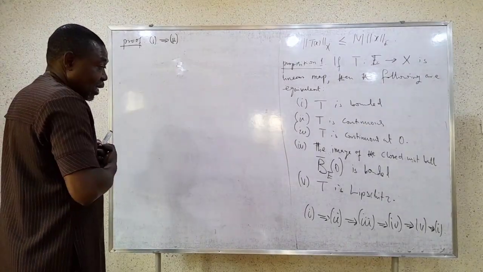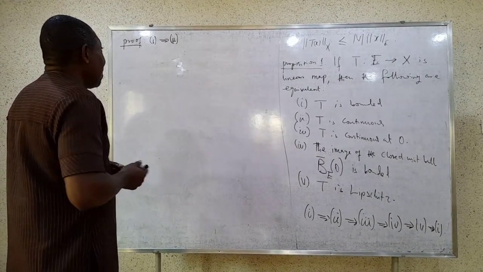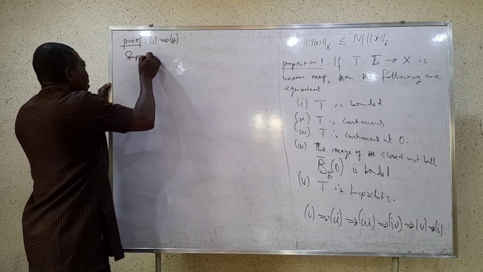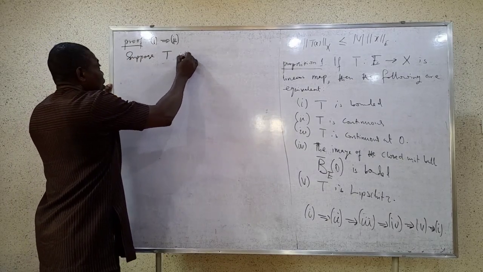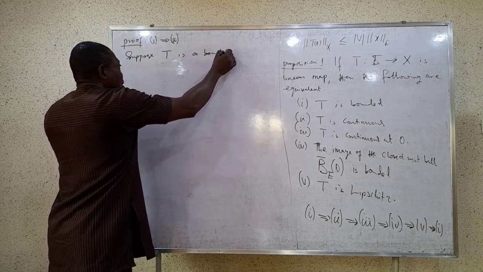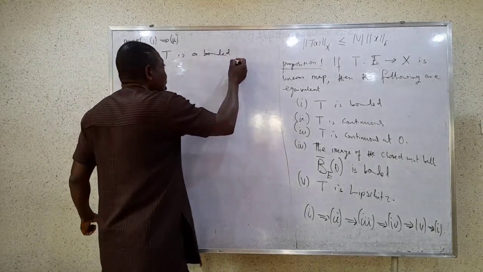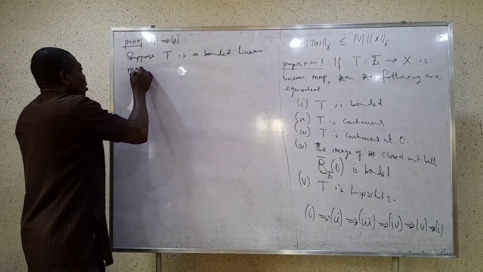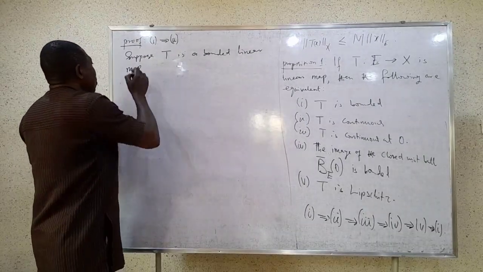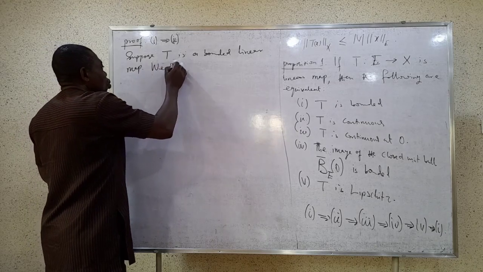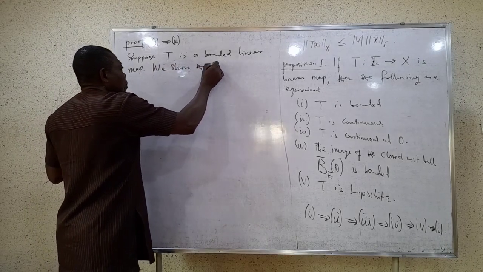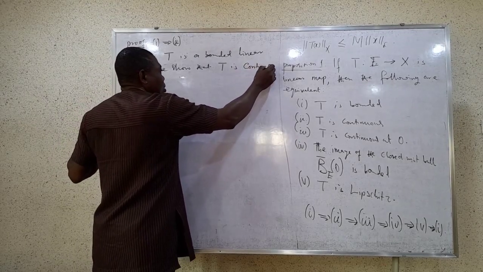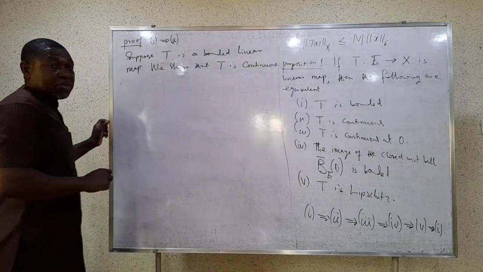First of all, show that I implies II. So we assume, suppose T is a bounded linear map. We show that T is continuous.